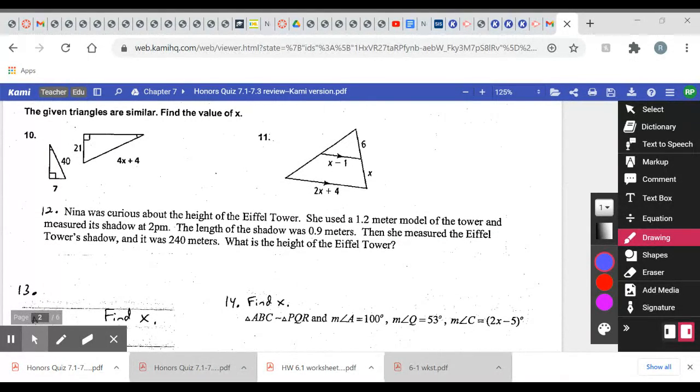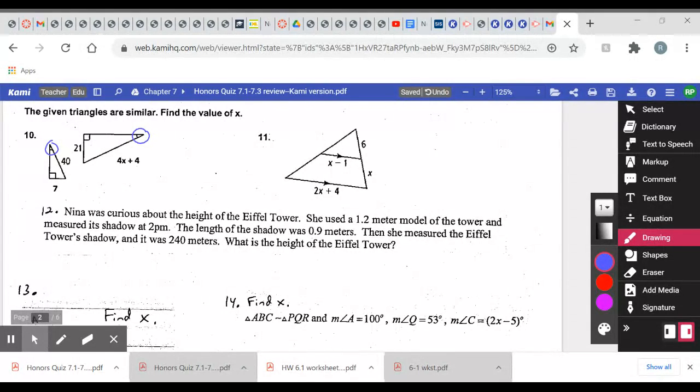Okay, moving right along. On number 10, in this case, it says the triangles are similar. Okay, now find the value of X. They're not asking if they're similar, they're telling you they're similar. So in this case, you can see that these little angles are congruent, and you can see there's right angles there. So use those to help you set up your proportion correctly.